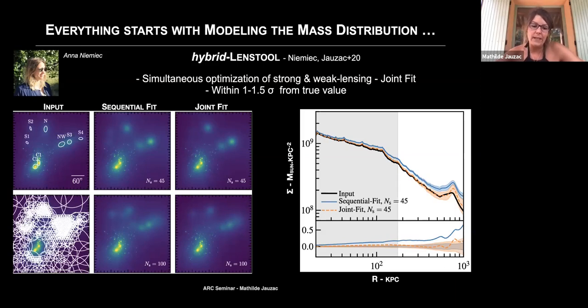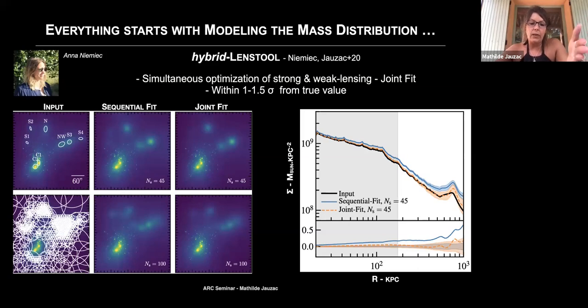So basically, if you look at the left panel, you can see a simulated cluster mass distribution on the top row. Then what Hybrid LensTool is going to do is combine two different methods, a parametric method and a non-parametric method. I'm not going to enter the details, I'm happy to talk about that later on, but this can be quite boring if you're not doing mass modeling.